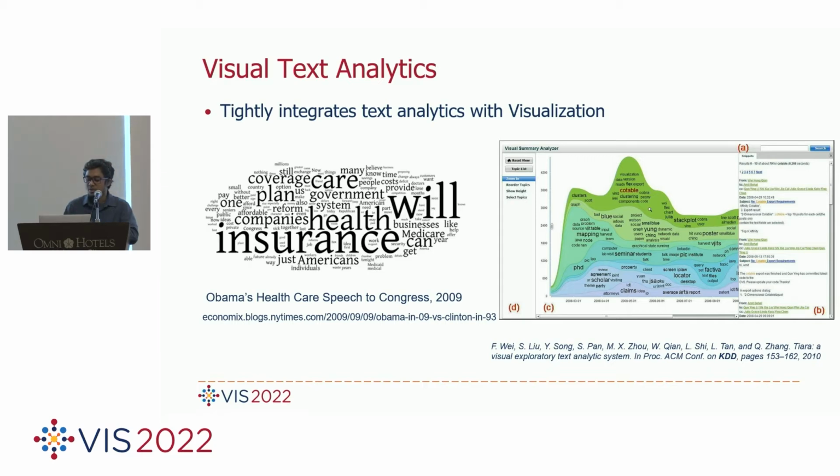You can see they have adopted the theme river metaphor, where each topic strip is stacked on top of each other, and the height of each topic stream represents the strength of that topic at that particular time, so how much that topic has been discussed compared to other topics at that time. And then each topic is represented using the frequent keywords. So here they have applied topic modeling techniques.